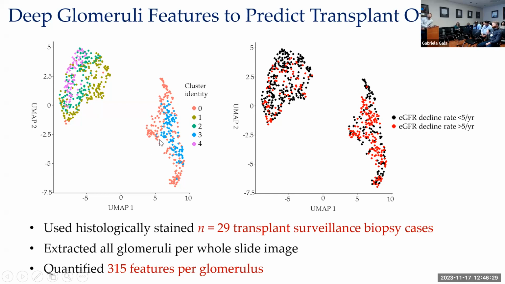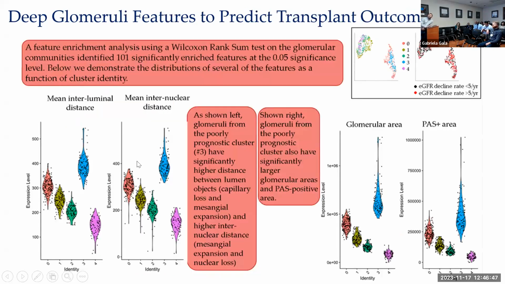Now, if we label these dots based on where these glomeruli are coming from, either eGFR decline less than 5 per year versus greater than 5 per year, we found that this is the severe one, which is kind of matching with this cluster, which tells us that this cluster has larger interluminal distance, larger internuclear distance, large glomerular area or PAS positive area, which are so-called digital features, or so-called so for finding Nemo problem, or toward that finding Nemo problem that we can do.